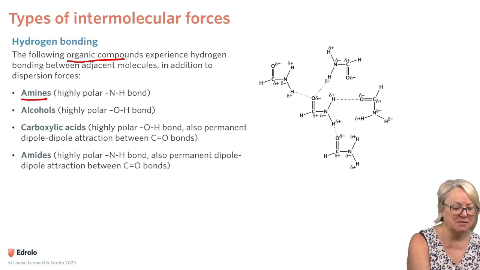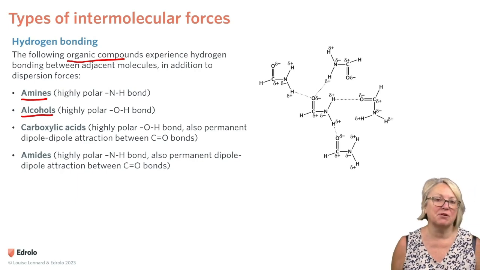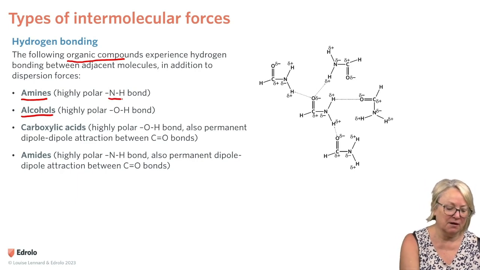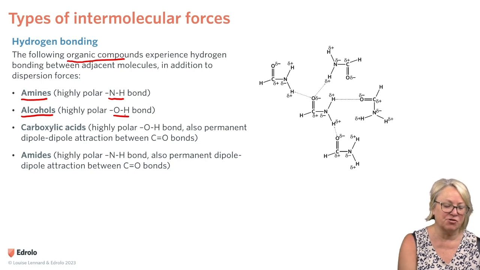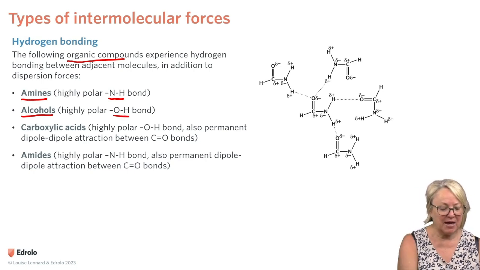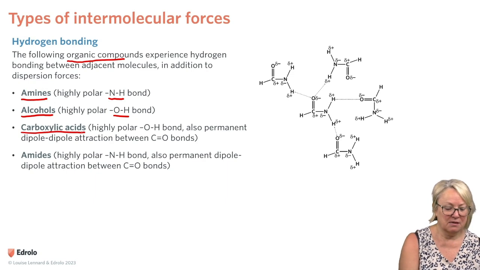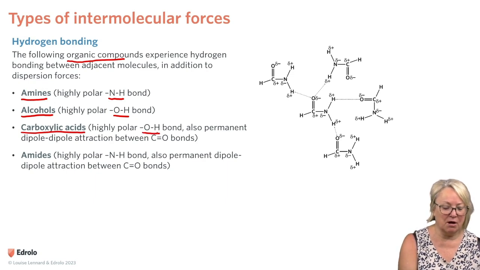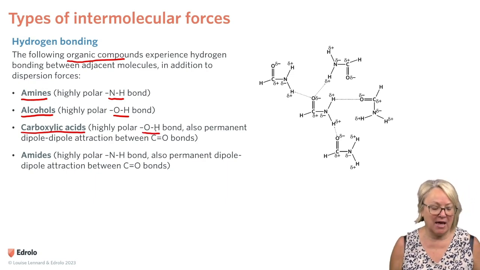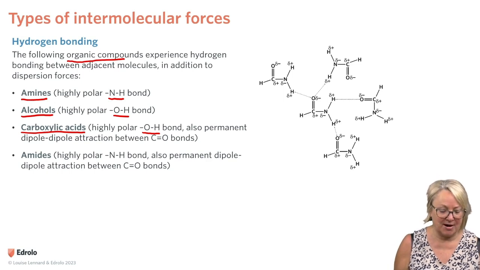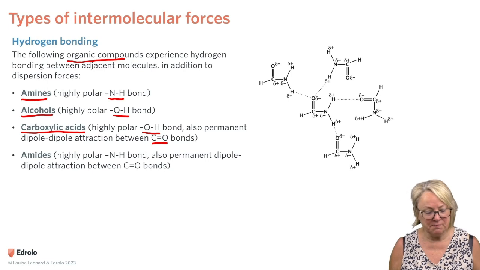So amines and alcohols, because of the highly polar nitrogen to hydrogen and oxygen to hydrogen bonds. Carboxylic acids have got the highly polar OH bond, but they also have dipole-dipole attraction between adjacent carbonyl groups.